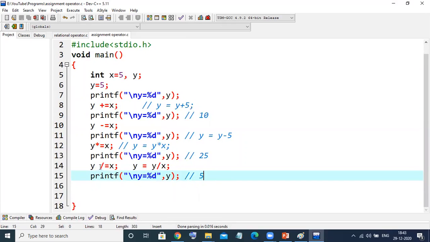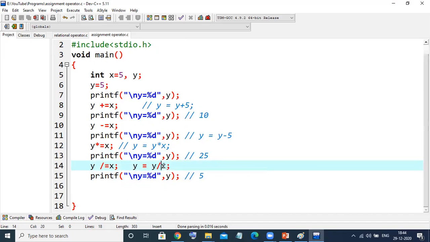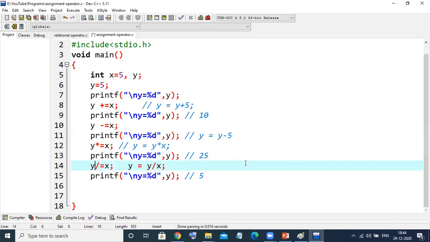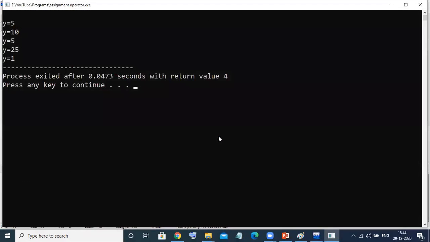y divided by x equals to y equals to y by x. So here the answer is 25, 25 divided by x, x is 5, no? Yes. So the answer would be 1.